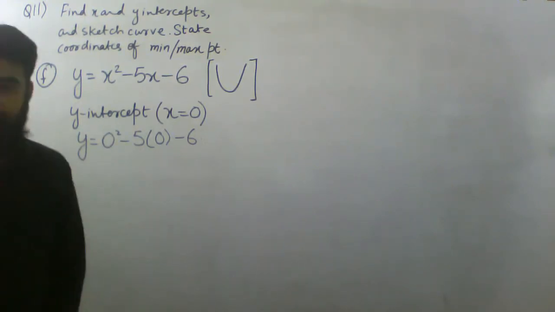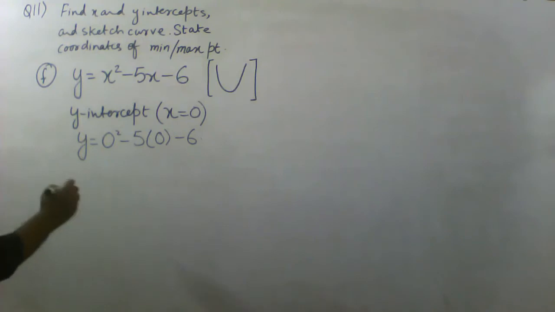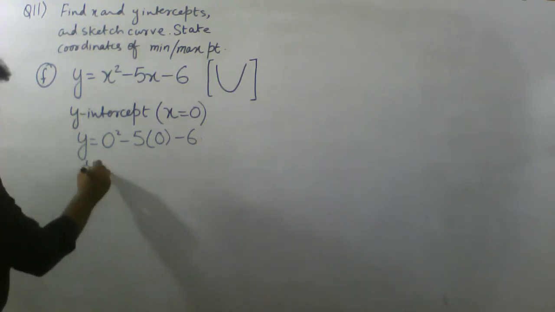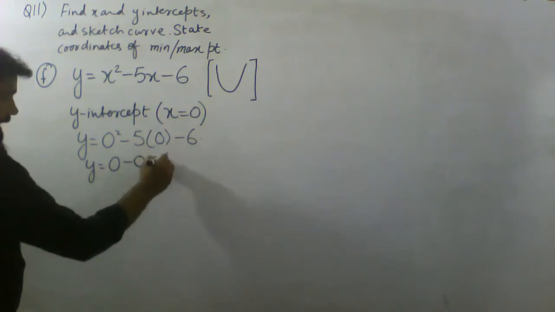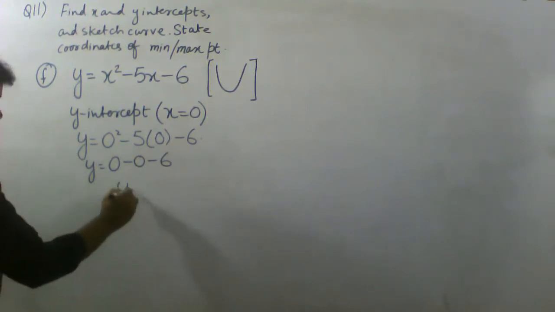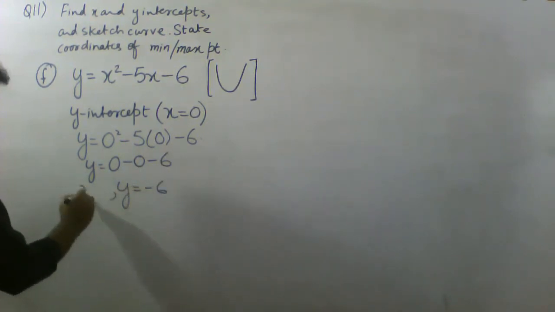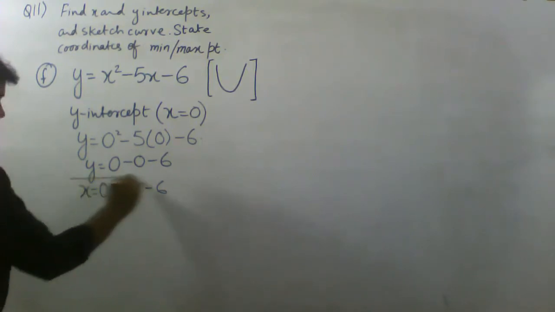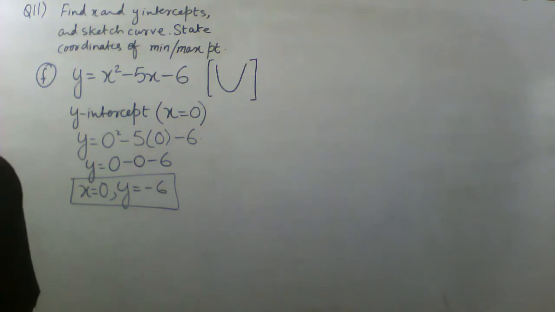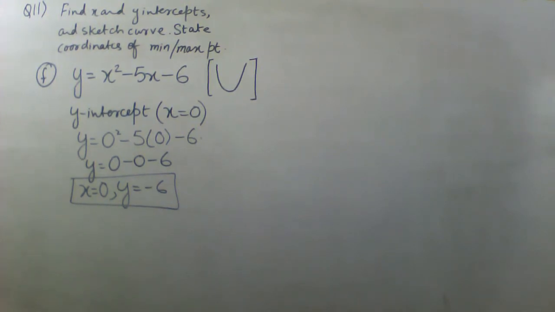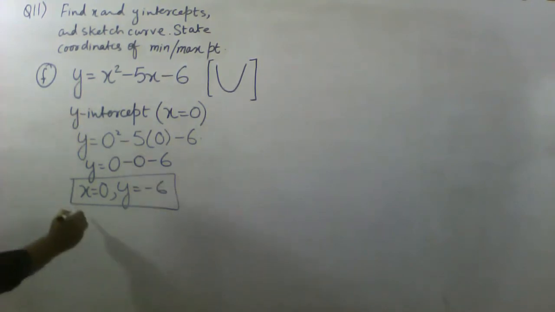It's the same thing, it doesn't make any difference. So when I simplify it, y equals 0, 5 into 0 is 0, minus 6. So y is coming minus 6 when x was plotted as 0. After this, I have to work with x-intercept.